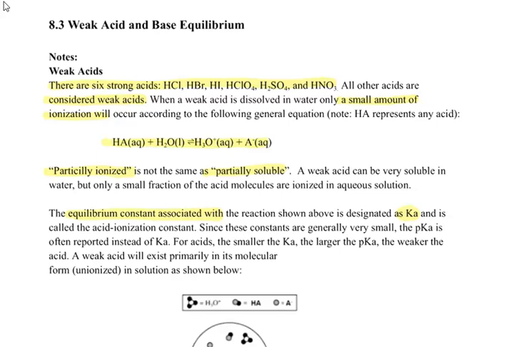So again, going back to your weak acids, the smaller the Ka, the larger the pKa. And I don't have it here, but the larger the Ka, the more acidic your acid is.